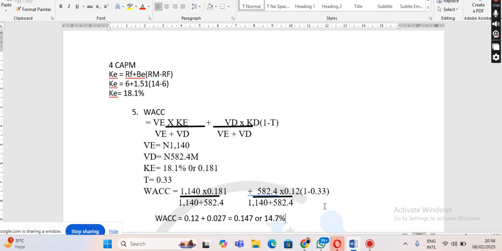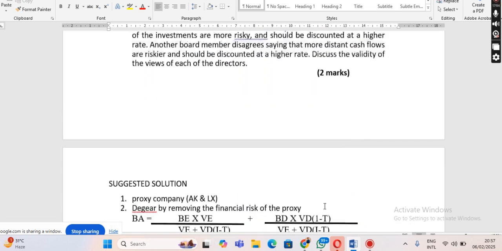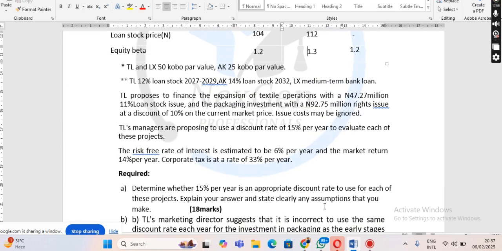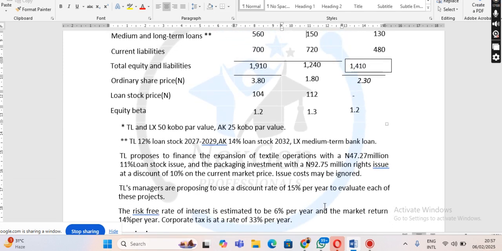Now, another thing I want you to talk about is the textile expansion. Don't forget that TL is into textile operations, right? And they want to do some expansion as well as diversify.